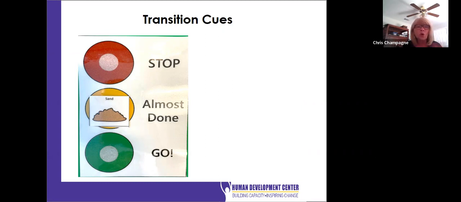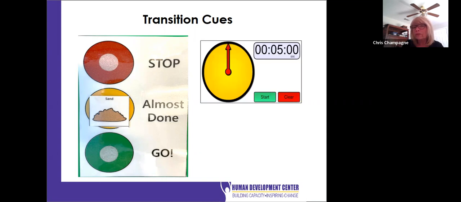This one is just old school Velcro and icons. And the good thing about this one is it's not based on real time. So you can tailor it to the time you know the student needs for a particular activity, and just move the icon so they can see that when it's in yellow, their time to spend on it is coming to an end.